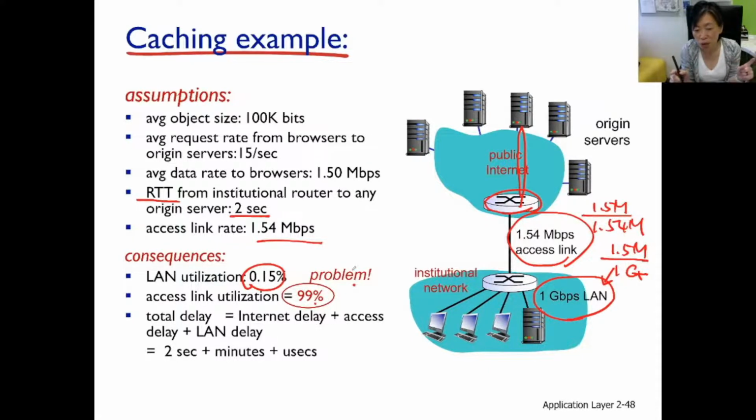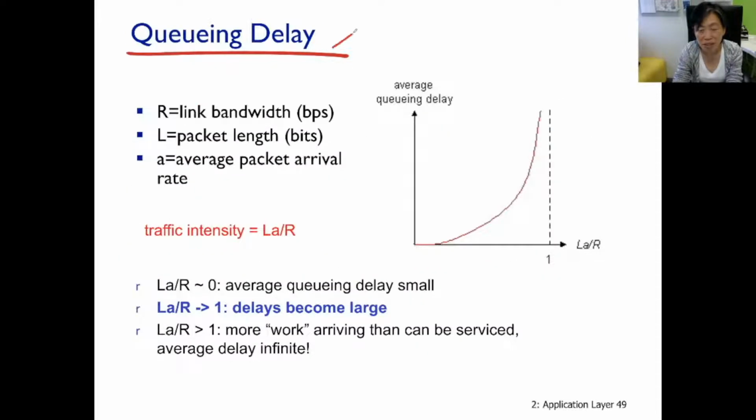There's this component called queuing delay in the internet delay. For transmission over a hop, there are 4 components: processing delay, queuing delay, transmission delay, and propagation delay. And the queuing delay is very sensitive to the utilization on the link here. Right. So let me take you here. Queuing delay, just in case you kind of forget about it.